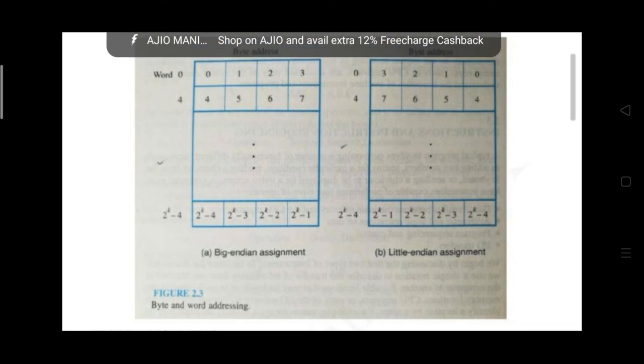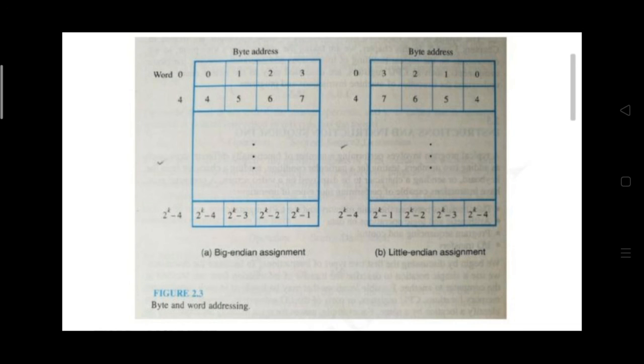Then in the next row it is marked as 4, and you need to be careful here. The word address depends on the first byte of that word. The first byte value is 4, please remember. Similarly, the next row's word address will be 8, because the first byte of the next word has address 8.